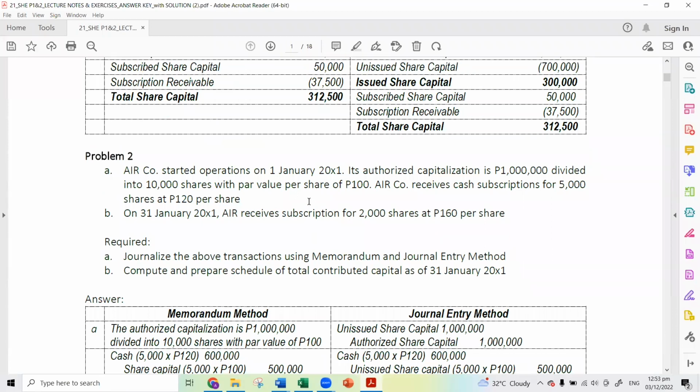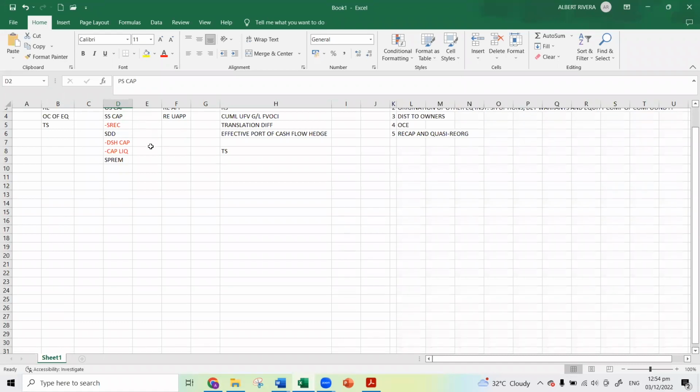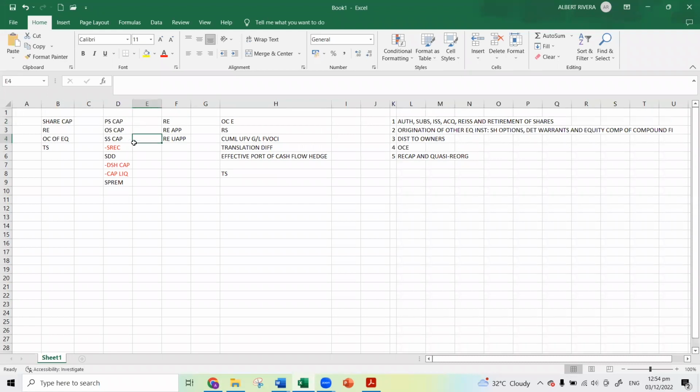So let's proceed. So kanina pinag-usapan natin din yung share capital, no? And there are two classes of share capital. One is syempre you have your ordinary share capital and the preference share capital. Okay? So, to discuss this, ordinary shares represent the residual corporate interest that bears the ultimate risk of loss and receives the benefits of success.